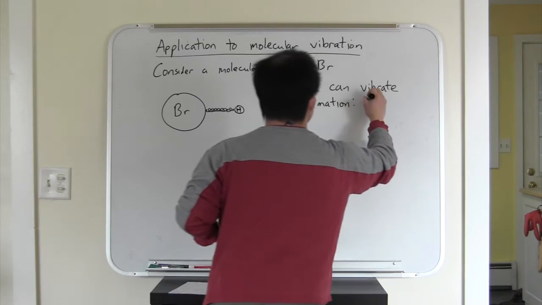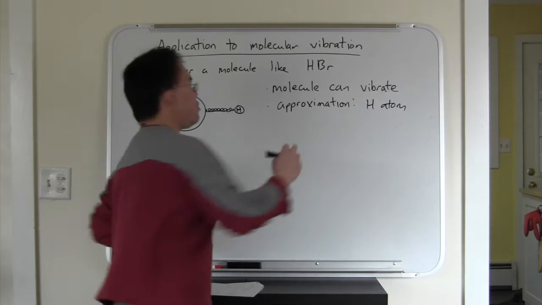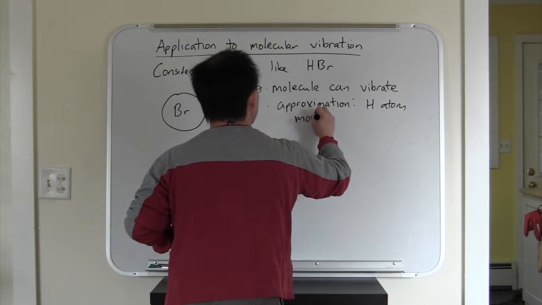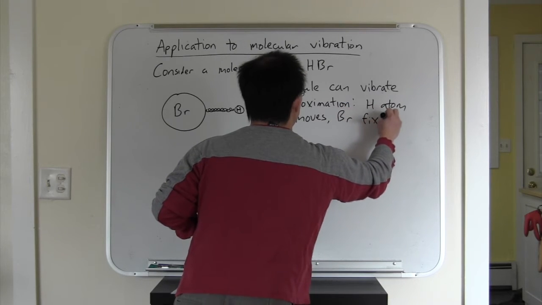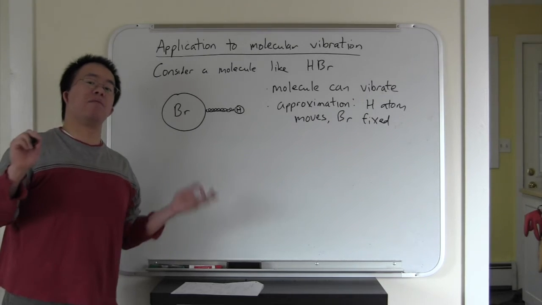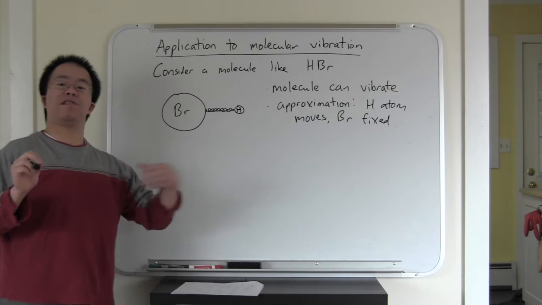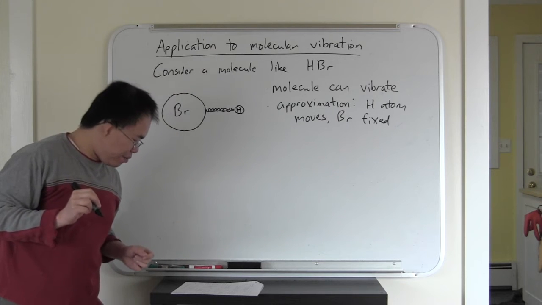We assume the H atom is moving and the bromine atom is fixed in place. This turns out to be a pretty reasonable approximation because there's a large mass difference between H and Br.